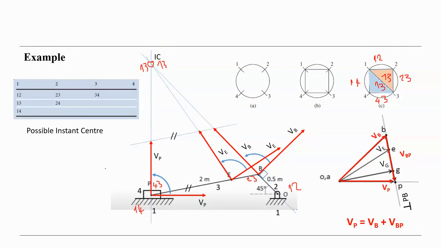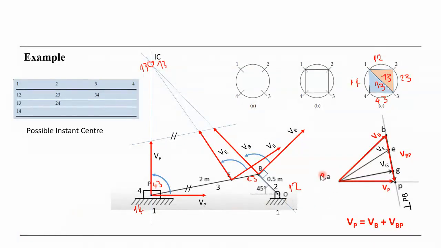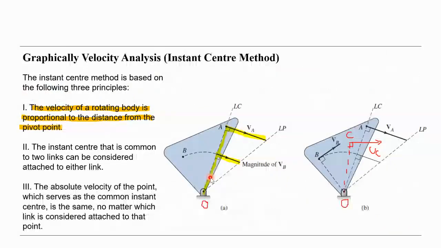So then we can do the following. The velocity of a rotating body is proportional to the distance from the pivot point.